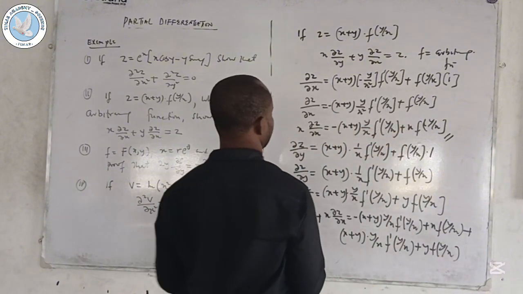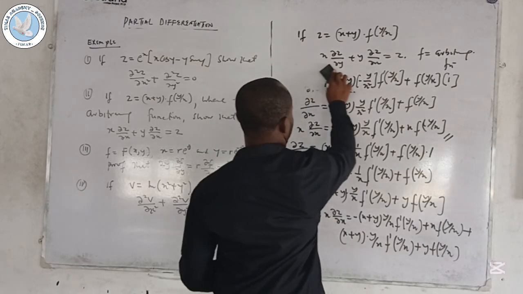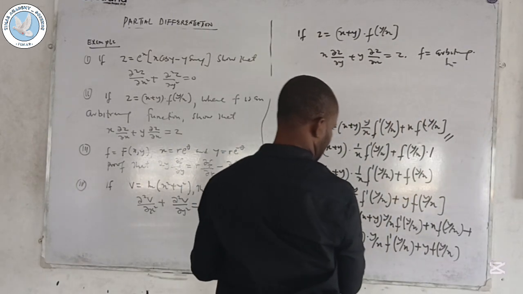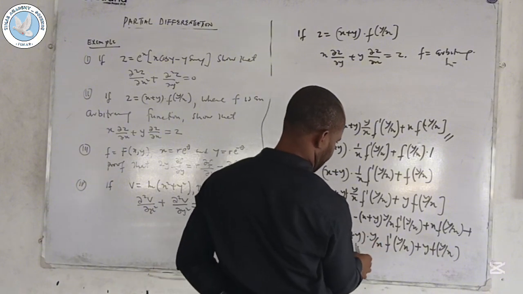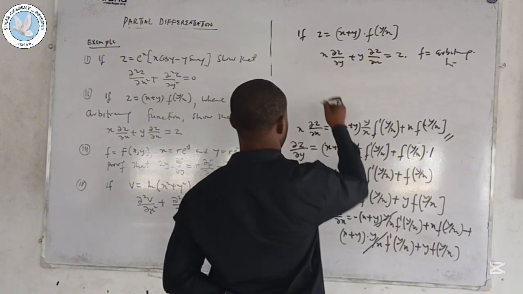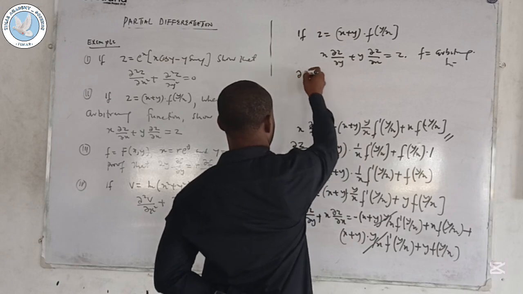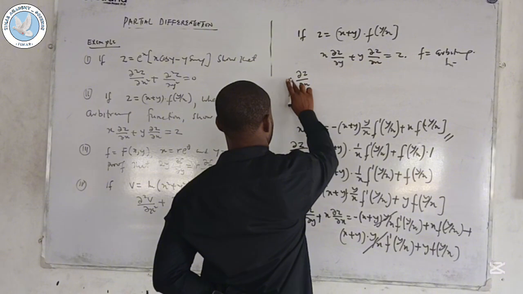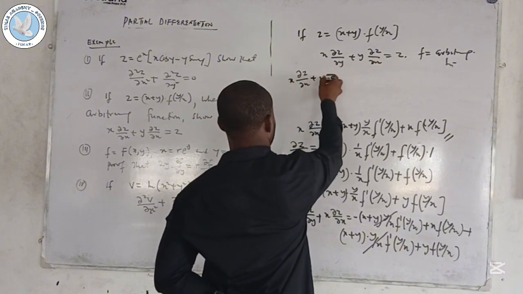So at this point, we can erase some parts. This will cancel out. This cancels this. So we are left with this.